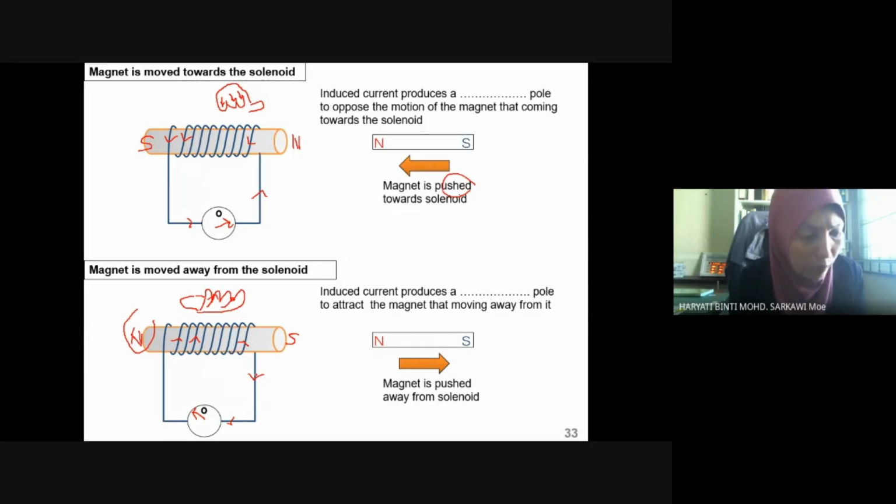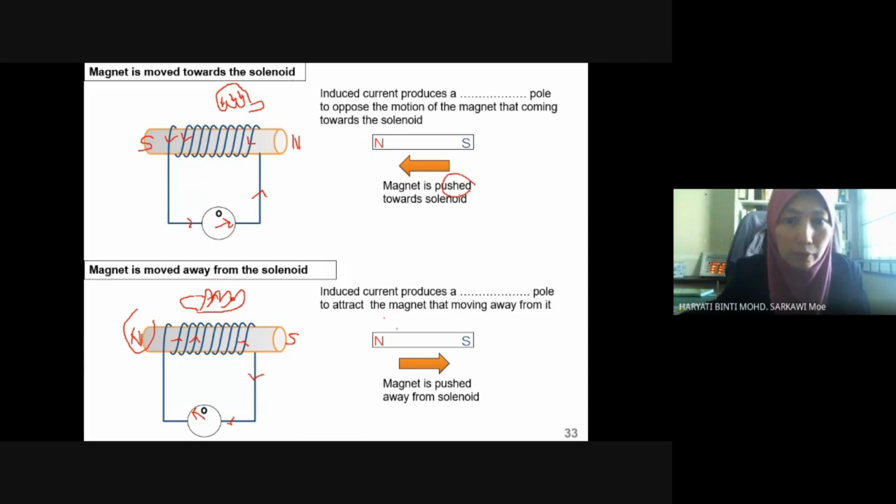For the direction of the induced current in the solenoid, you cannot memorize the diagram, because once we change the way we wind the wire for the solenoid, the answer might not always be the same. But if you can understand, then you can draw it, right? So just remember the concept. When you push in the magnet, here becomes the same pole because it doesn't want the magnet to go in.